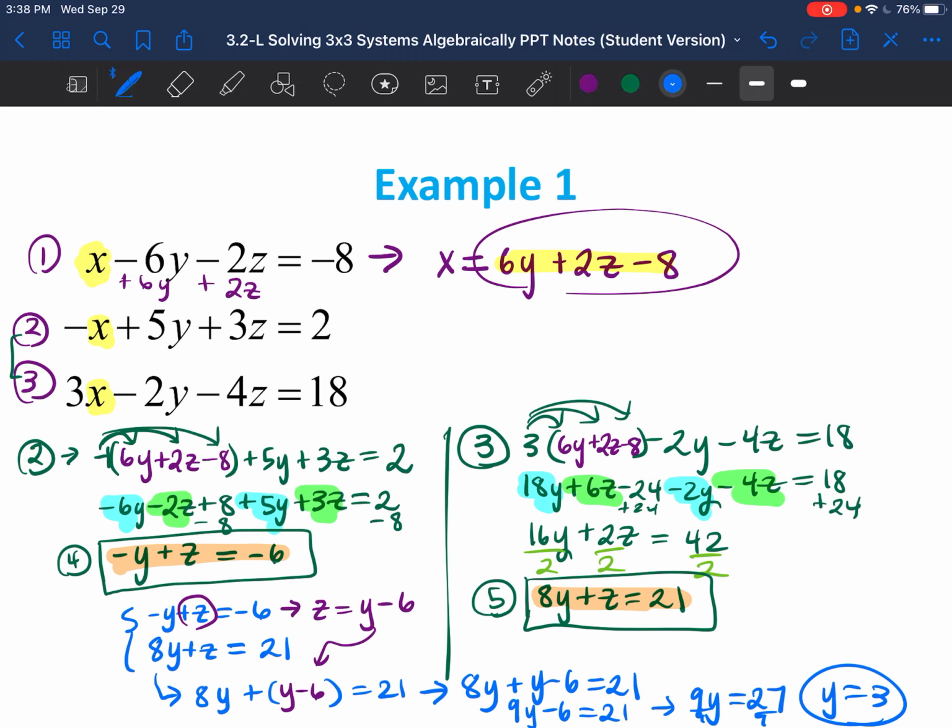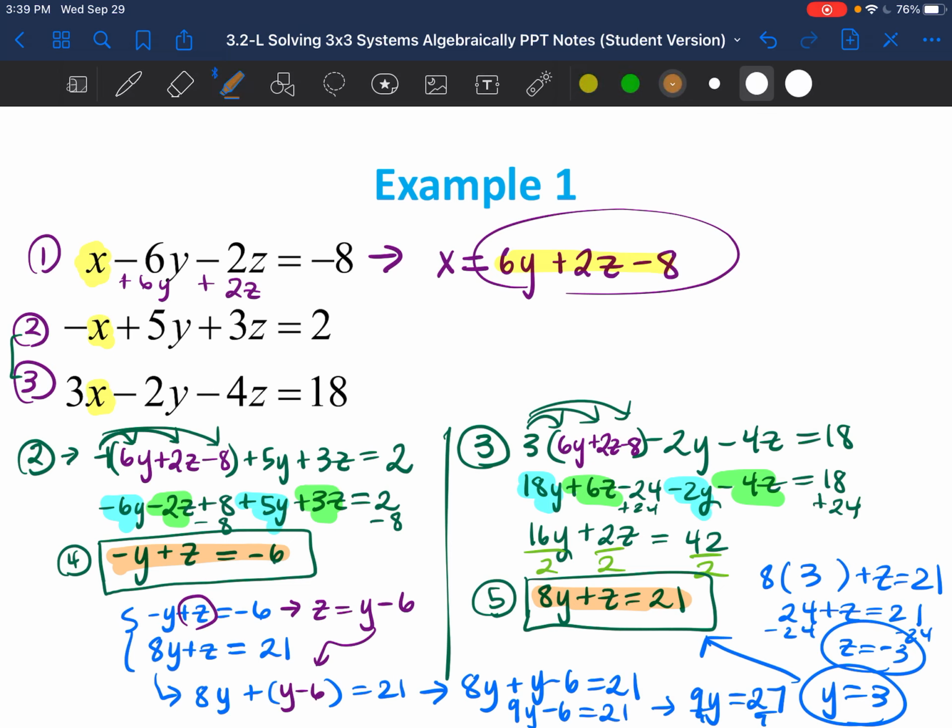Okay, and so I'm going to use equation 5 just because it's closer. 8y plus z equals 21. And we know that y is 3 now. And so 24 plus z equals 21. And so z equals -3.